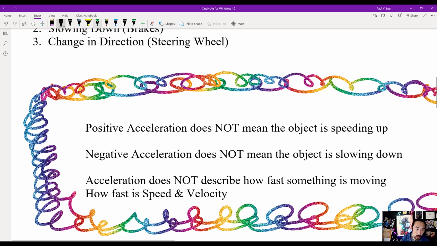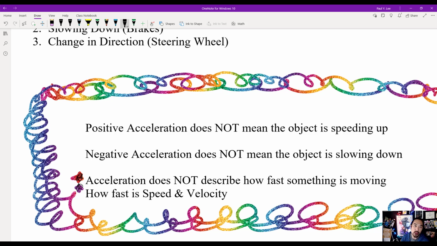Now here's an important thing that I don't go into as we continue, but this bullet point right there: acceleration does not describe how fast something is moving. How fast something is moving is speed and velocity. Acceleration just tells us how much that is changing. So if an object is described as going fast, that statement only tells us the velocity.